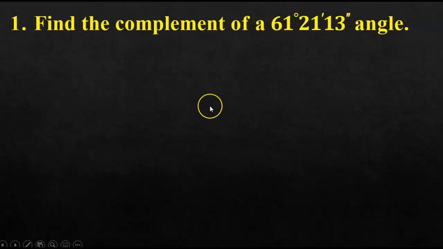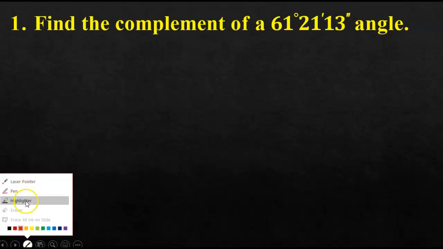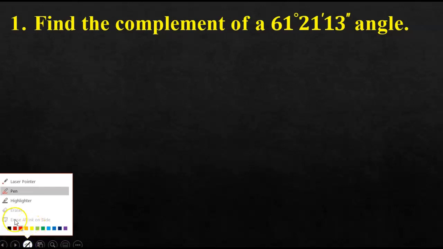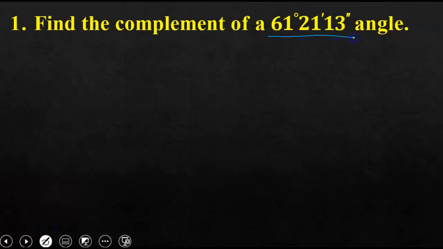So, find the complement of an angle. Let's get the definition of complement. The complement of angle A is 90 minus A. So that's the definition of complement.